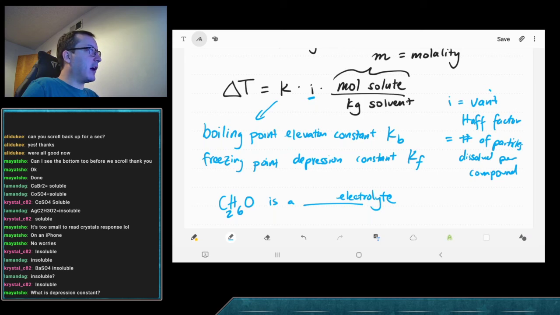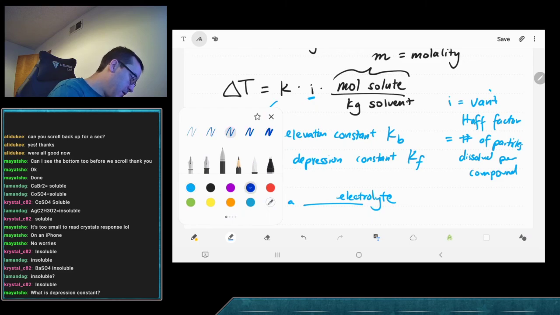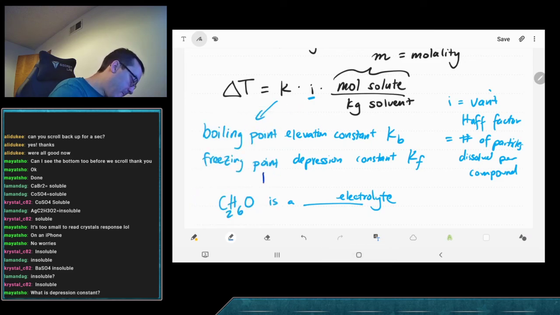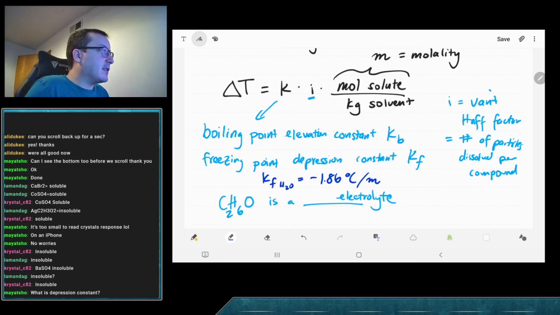So when we actually use this math, we will use it. So for water, for example, it's negative 1.86 degrees Celsius per mole. So it's just a number.